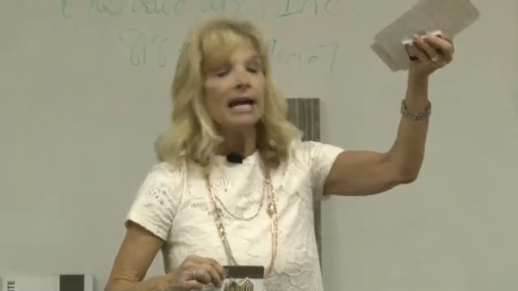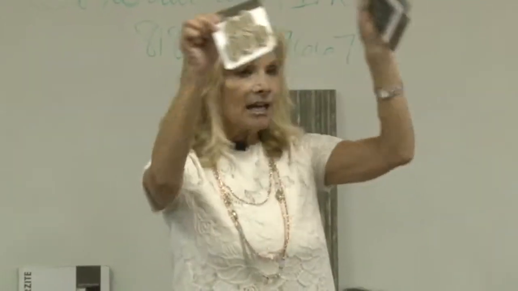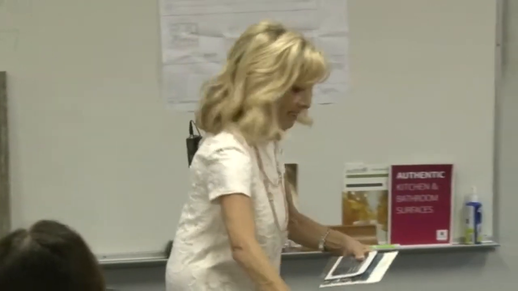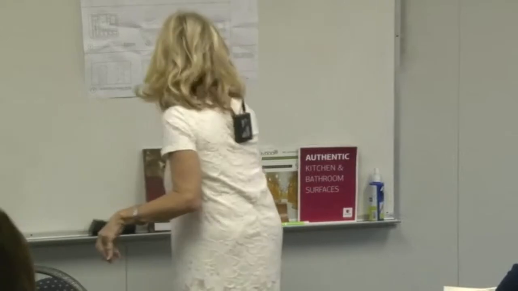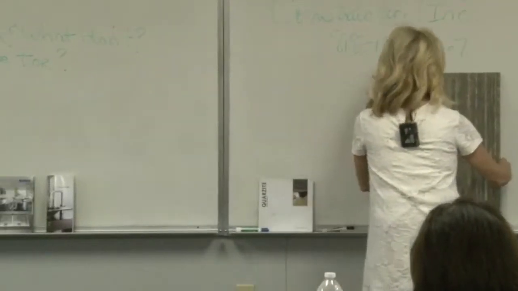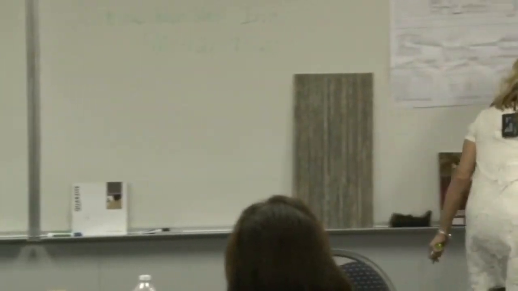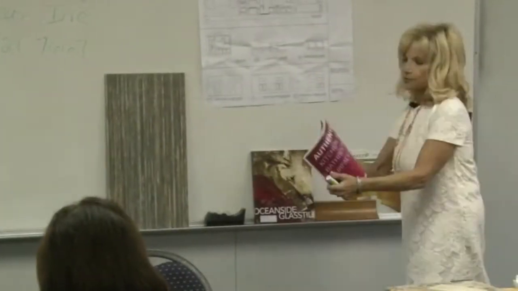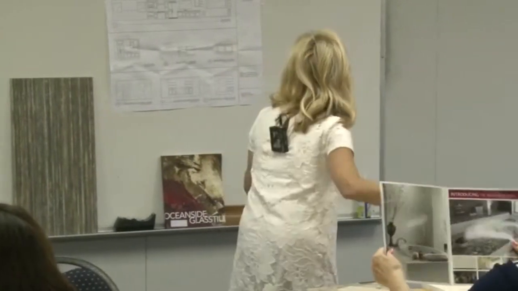And between the hood and the stovetop, I usually create some kind of design. So what that means is, let's move this. Oh, and here's a whole stone book, so you can pass this around. These are all man-made.